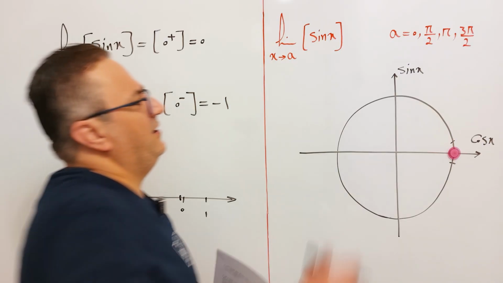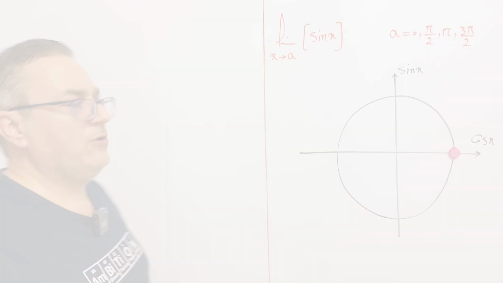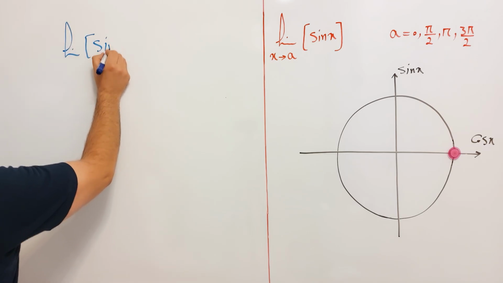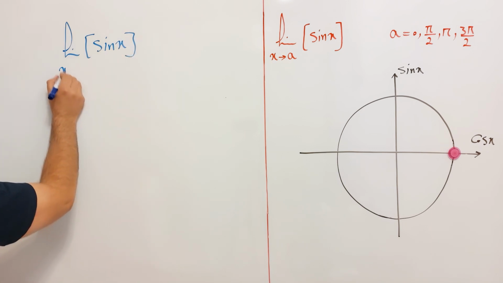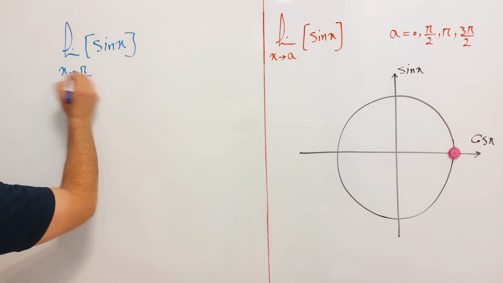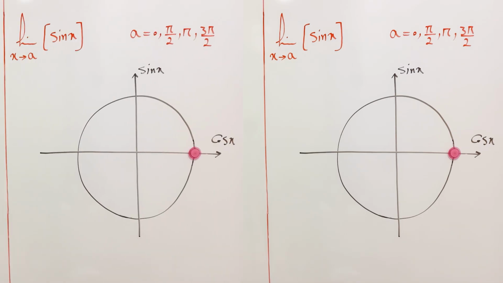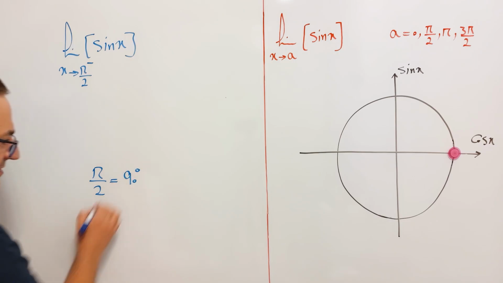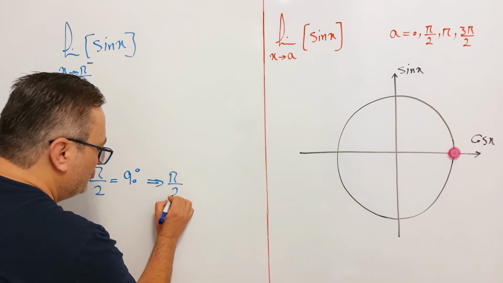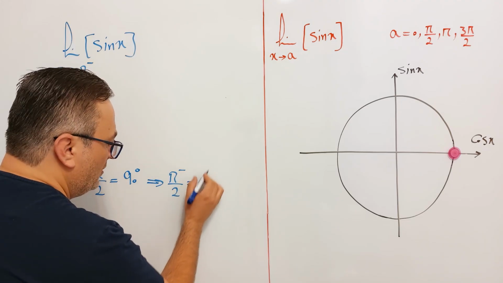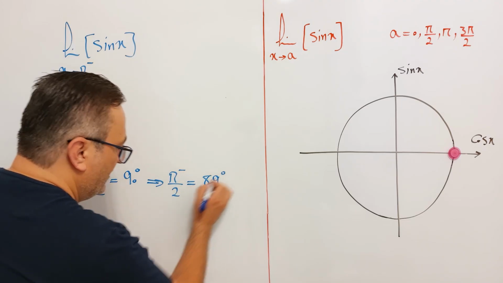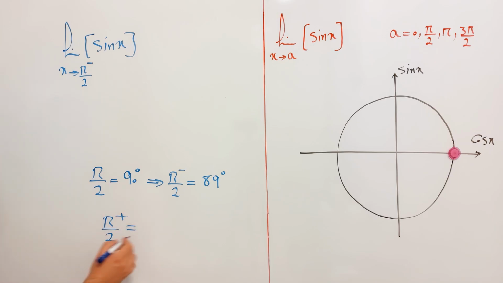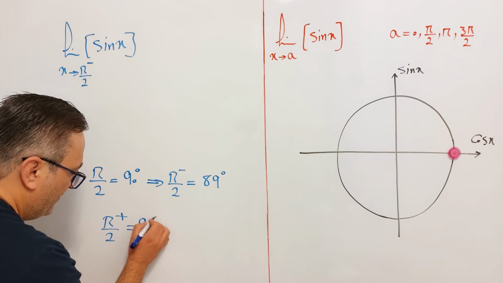Let's go to pi over 2. The limit of the floor of sine of x as x approaches pi over 2, first from the left. Pi over 2 is exactly 90 degrees, so pi over 2 from the left is, for example, 89 degrees, and pi over 2 from the right is, for example, 91 degrees.